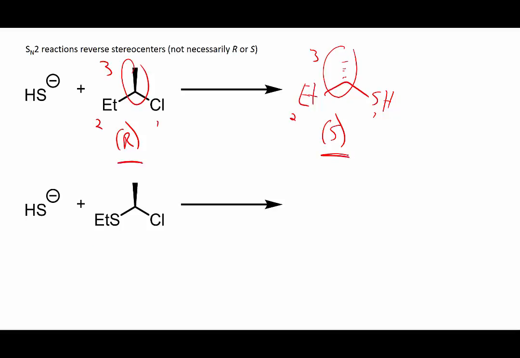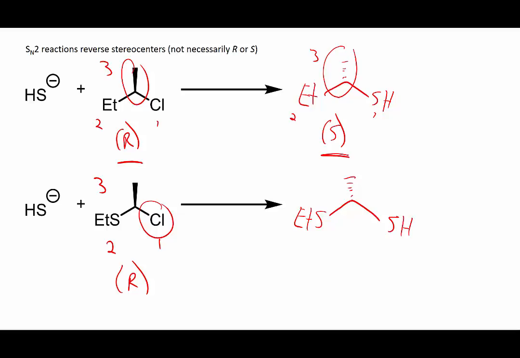Let's take a look at another example. Assign the stereochemistry. 1, 2, 3. In this case, we start off with R. If we replace the leaving group here, and we invert the stereocenter, let's take a look at the stereochemistry here.